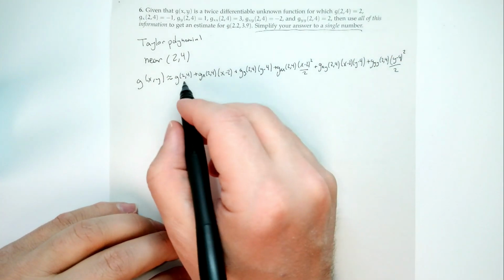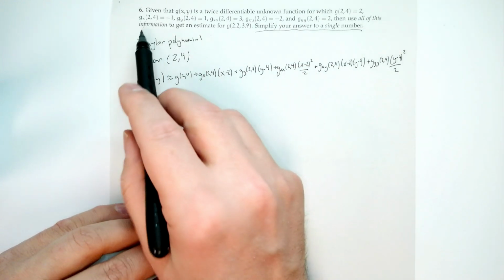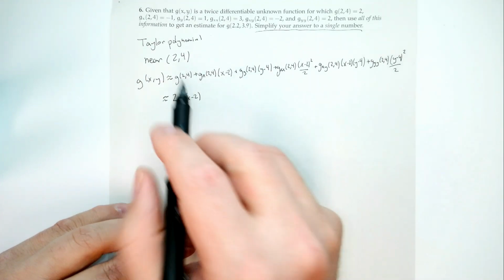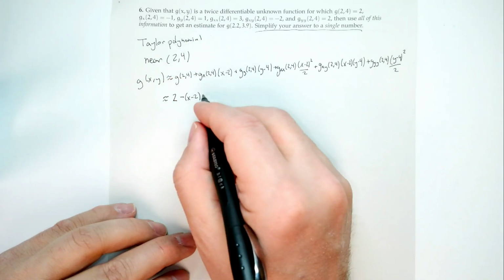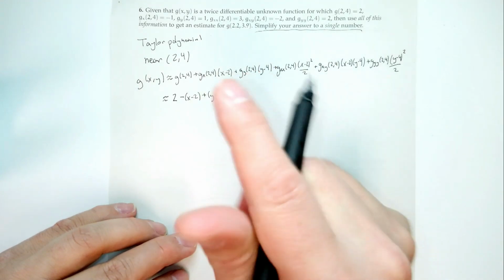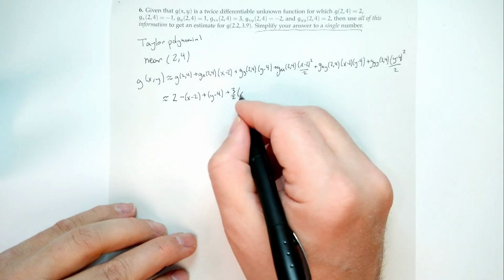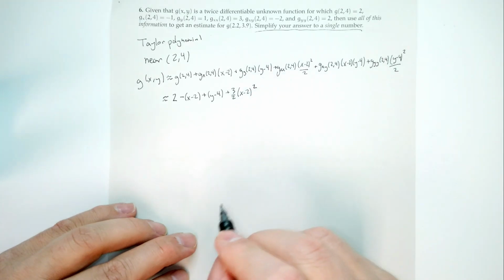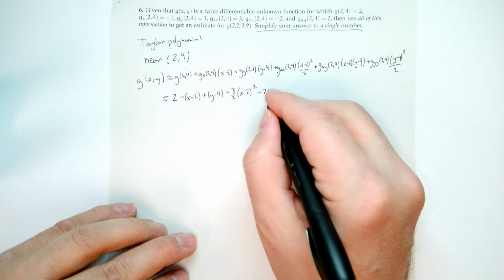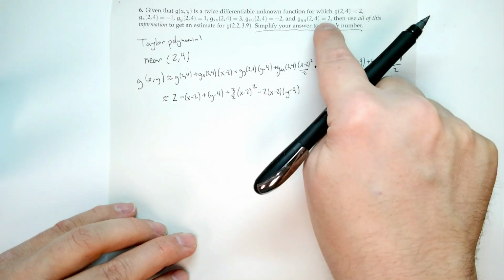So, let's just make sure we get our numbers right. g at (2, 4) is 2. g_x at (2, 4) is minus 1. So, 2 minus (x minus 2). g_y is positive 1 plus (y minus 4). g_xx is 3, and there's an over 2, so I'll write this as 3 over 2 times (x minus 2) squared. g_xy is negative 2, so minus 2(x minus 2)(y minus 4), and g_yy is positive 2.